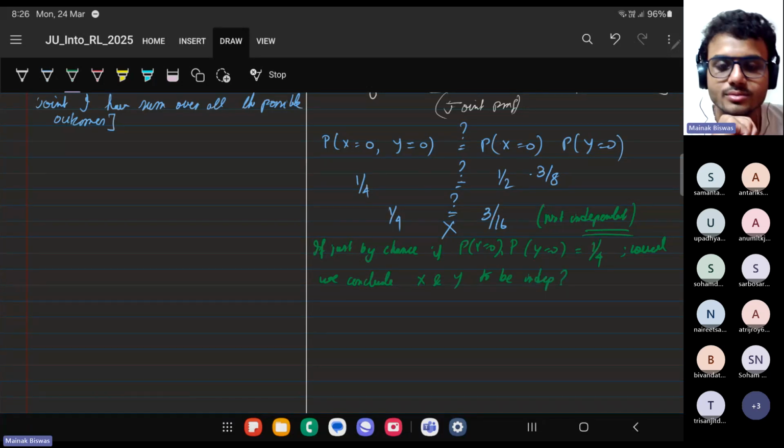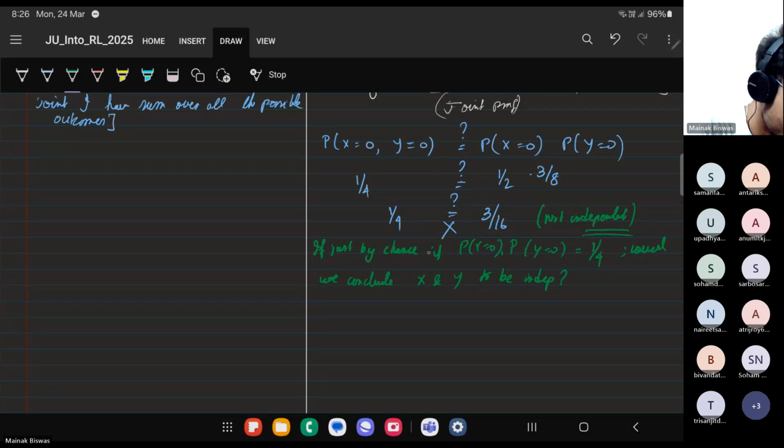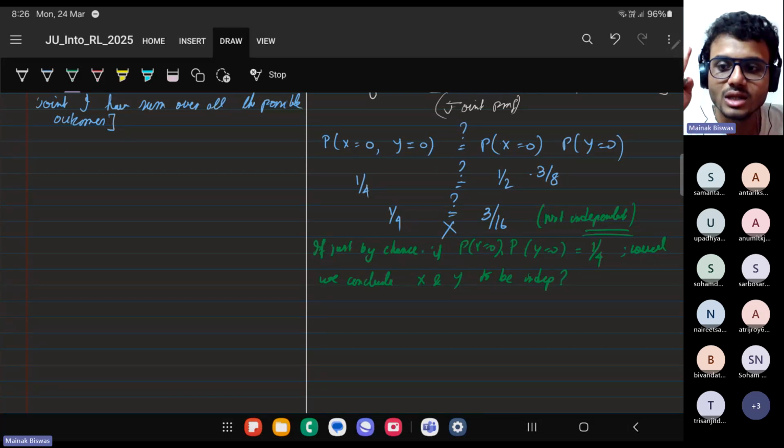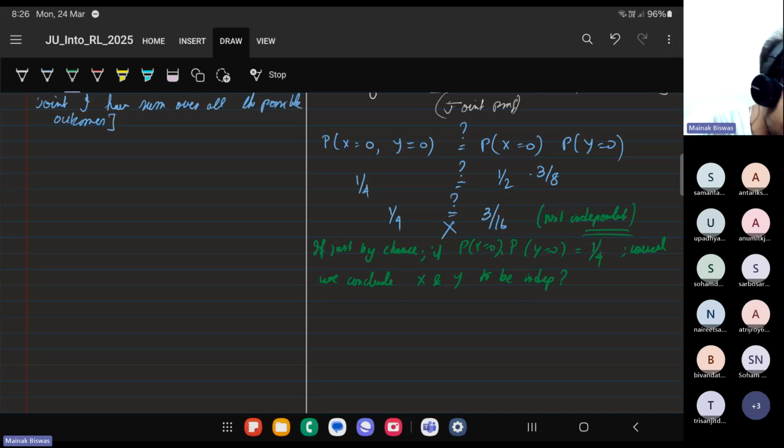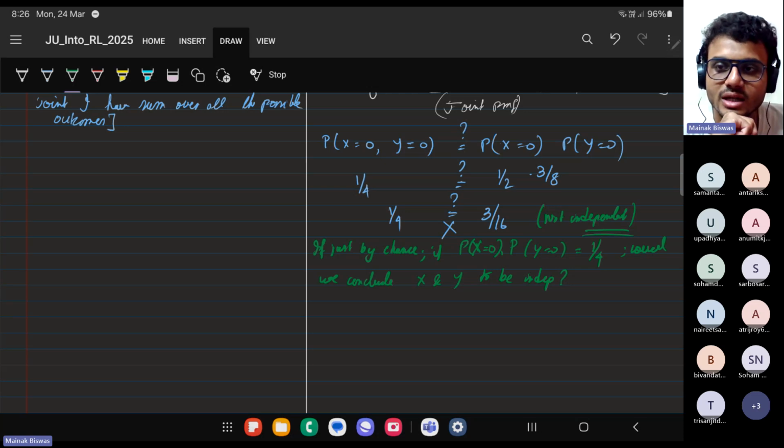Can we conclude two random variables to be independent by just seeing one value, that is 0 comma 0? Any idea? Any intuitions?